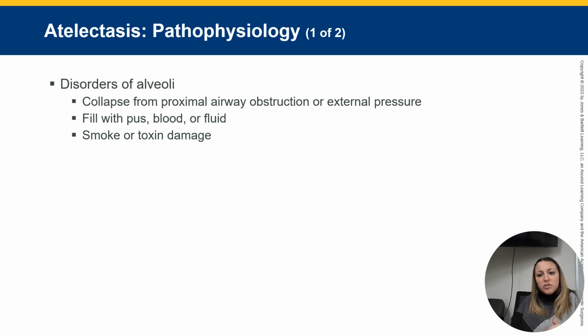But what we really need to understand is that 79% of the air that moves into the lungs is nitrogen gas, and that nitrogen gas helps keep the alveoli open as well. When a patient is given 100% oxygen, any alveoli that is plugged will collapse when the oxygen diffuses out, and that can cause atelectasis. So this is why we really like CPAP, continuous positive airway pressure. This is really why we try not to give people 100% oxygen for long periods of time, because it can cause more problems.